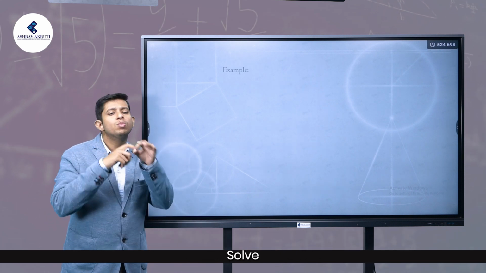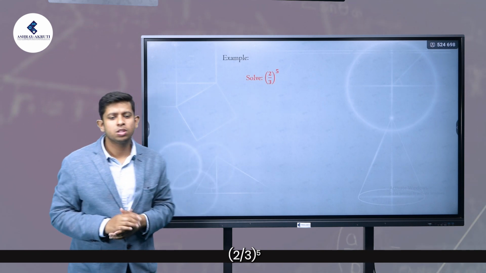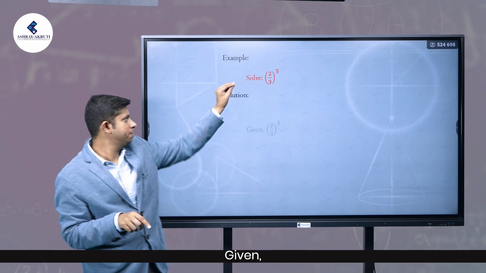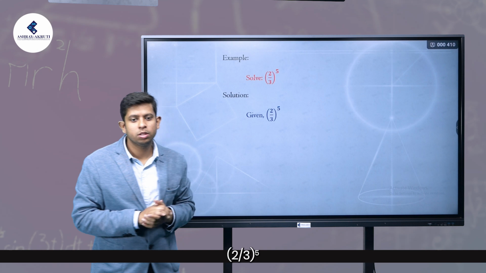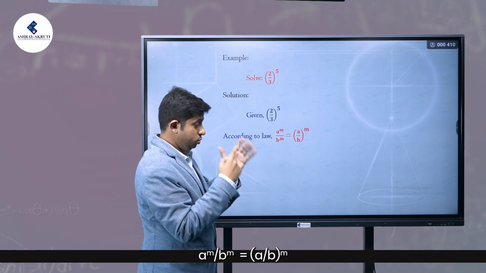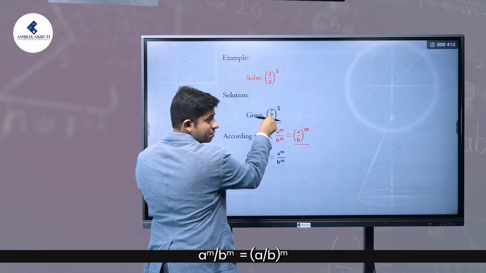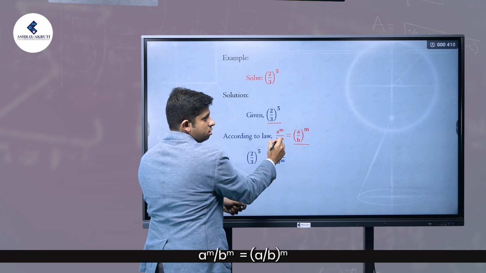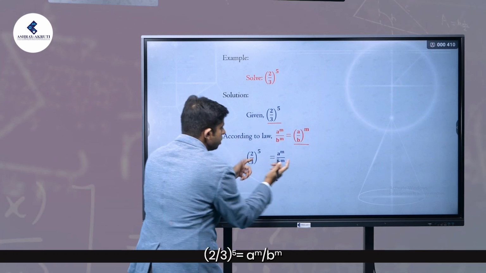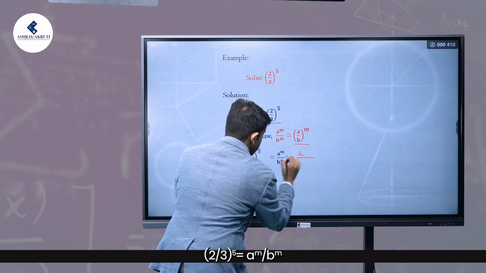Solve. 2 by 3 whole to the power of 5. Solution. Given 2 by 3 whole to the power of 5. According to the law, a to the power of m by b to the power of m is equal to a by b whole to the power of m. 2 by 3 whole to the power of 5 is equal to 2 to the power of 5 by 3 to the power of 5.